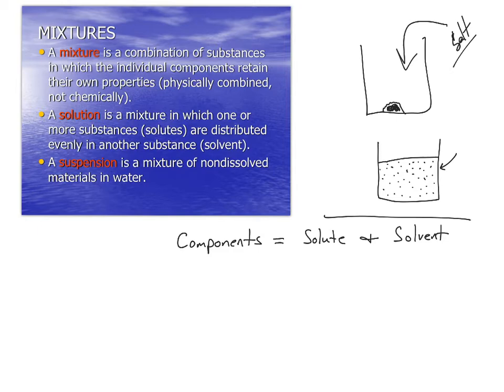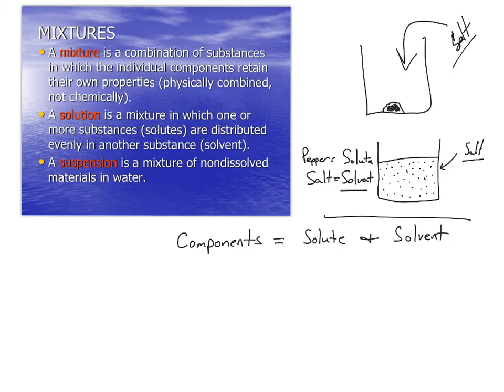Well, I hope you said salt. And so I would say that the pepper is dissolved in the salt. So then, therefore, the pepper is the solute, and the salt is the solvent.